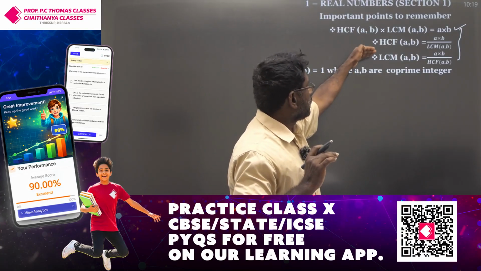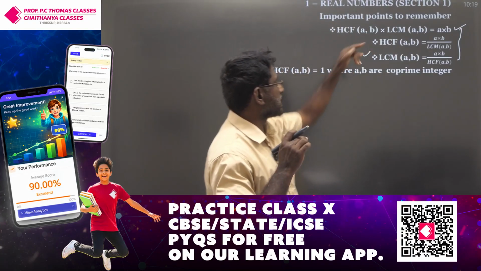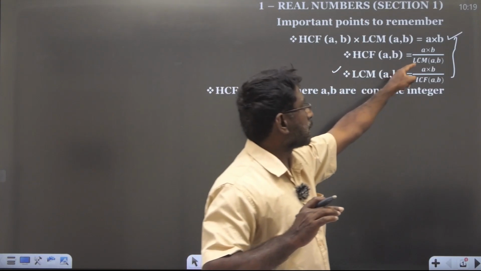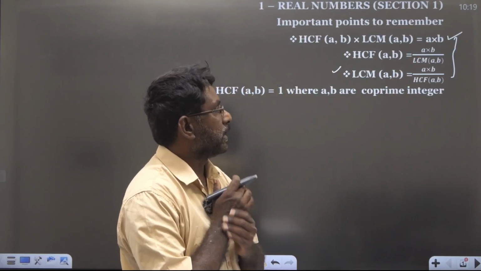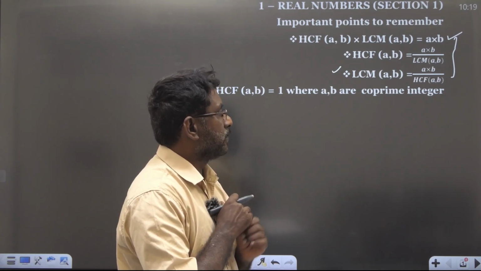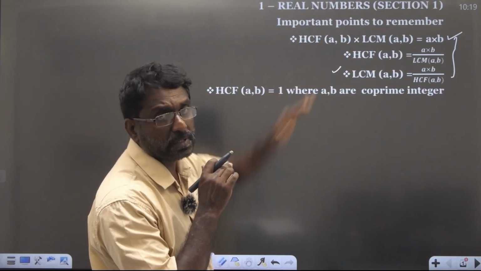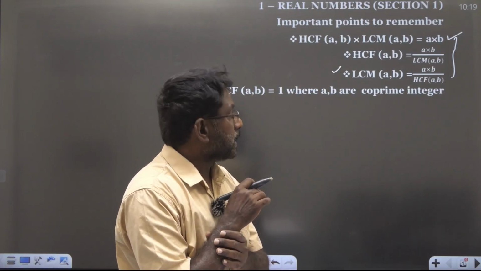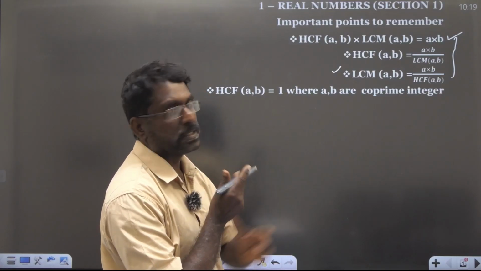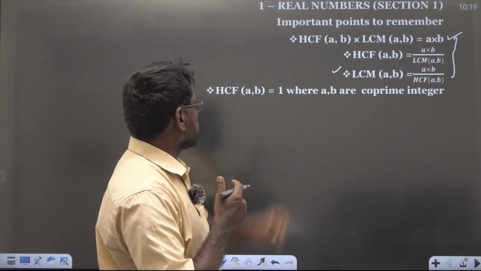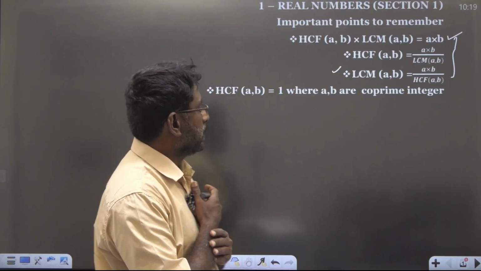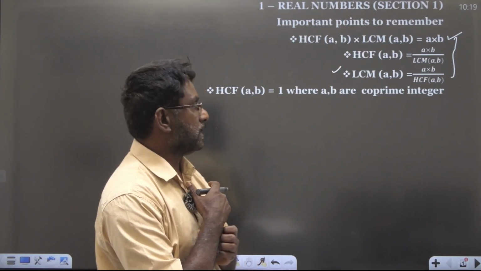From this equation, we get two more: HCF of A, B is A into B divided by LCM of A, B. Similarly, LCM of A, B is equal to A into B divided by HCF of A, B. So it is a very important section in this chapter. You can expect questions in your board exams from this section. One more important result: HCF of A, B is equal to 1 only when A, B are co-prime integers. Okay, right?